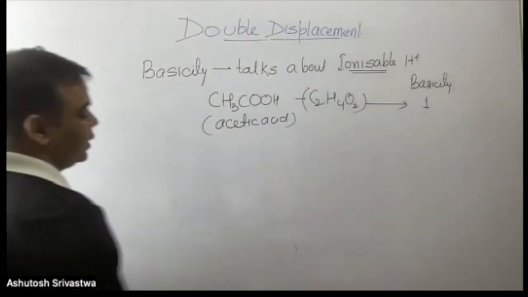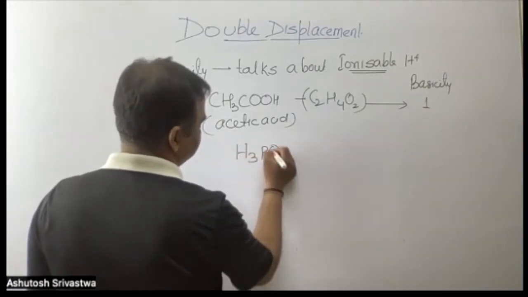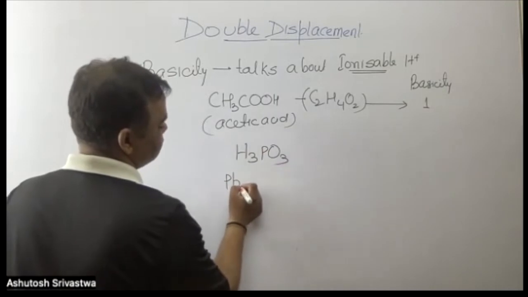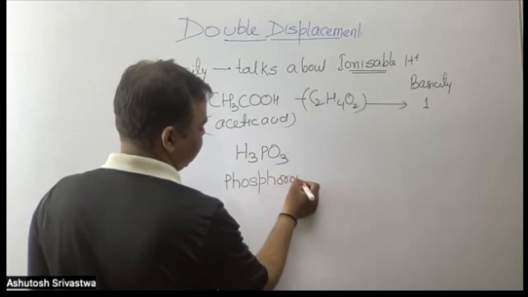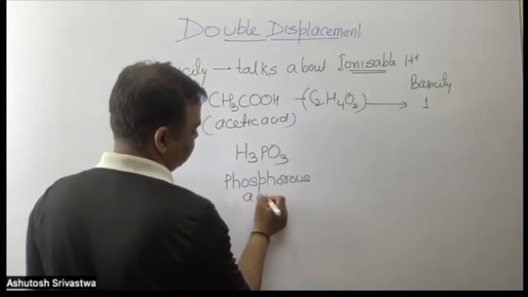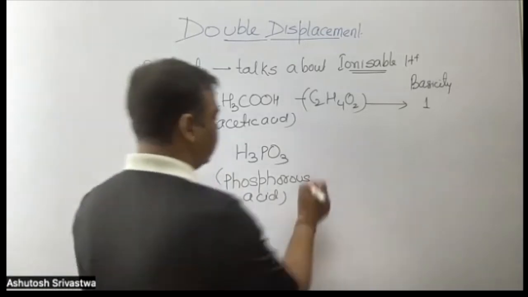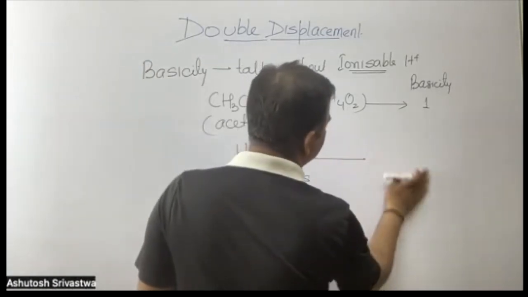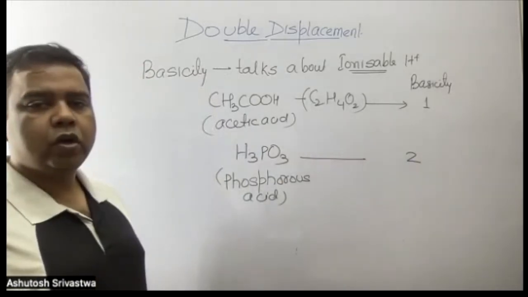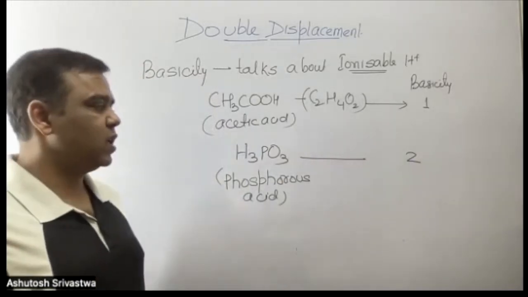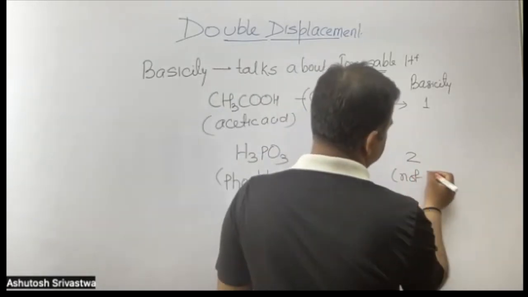Then H3PO3, phosphorus acid. It can give you only 2 H, not 3. So basicity is 2, not 3. Please understand.